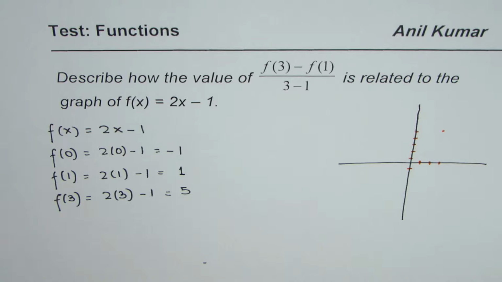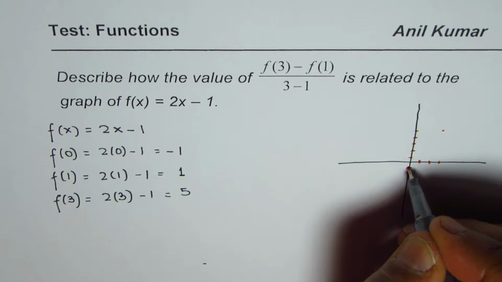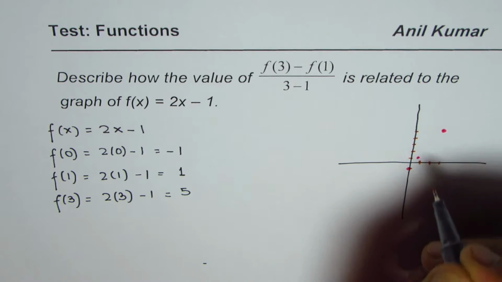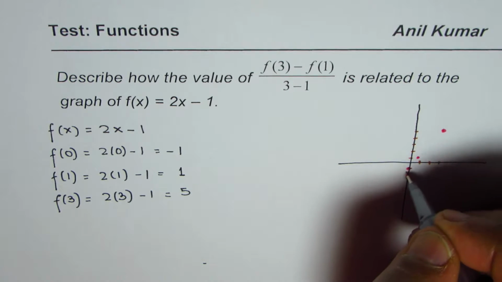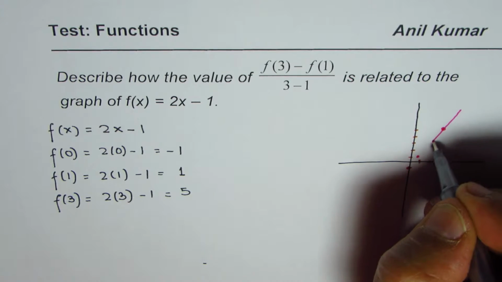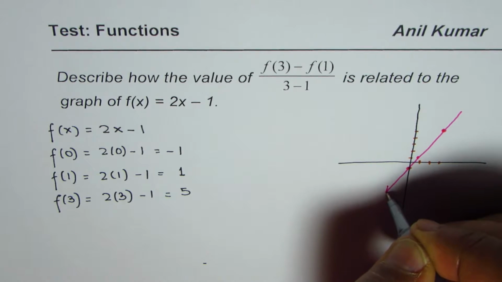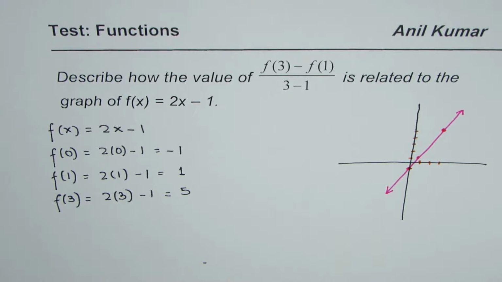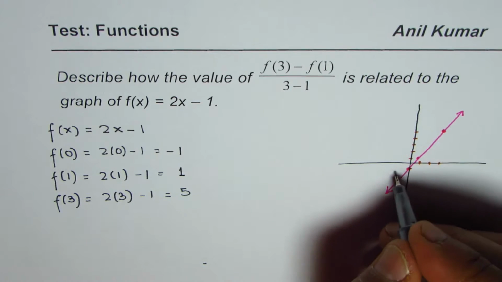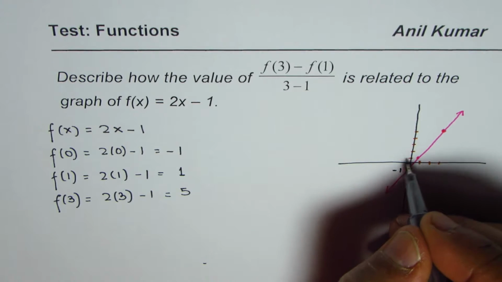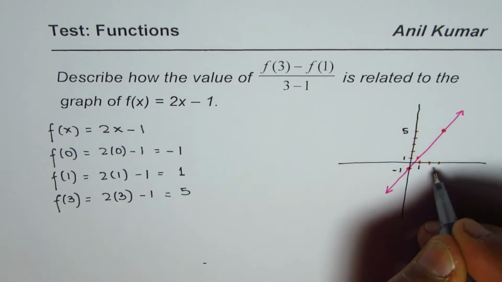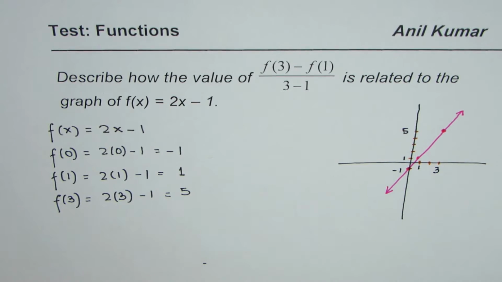So we can draw a line joining these points. I'm doing an approximate diagram. That is the line where this point is −1, and here we have 1. This is also 1, that is 5, and this is 3 for us.